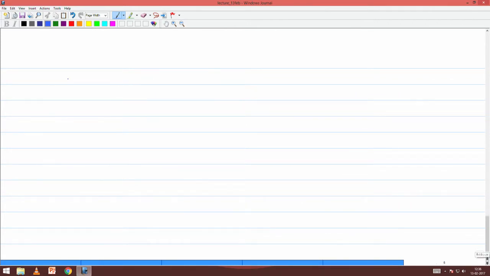So, if k x prime equals k x, then the incident wave direction will be the same as the reflected wave direction.